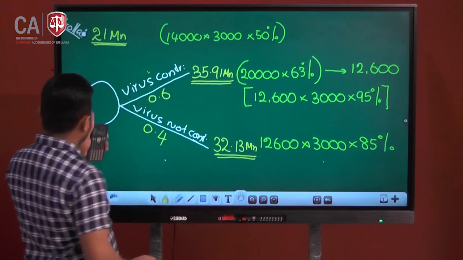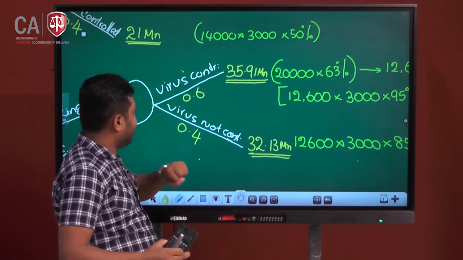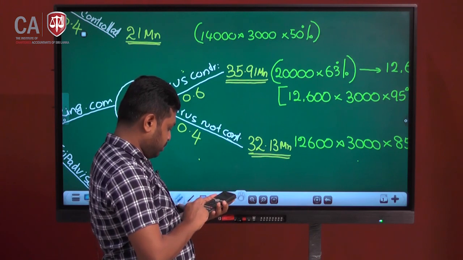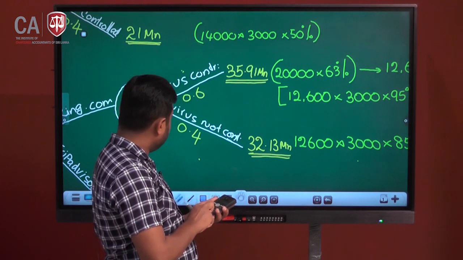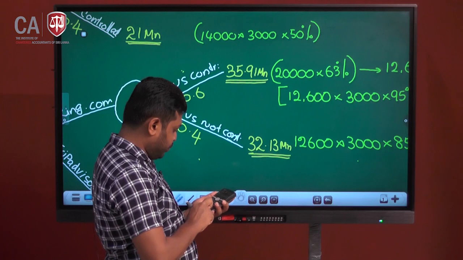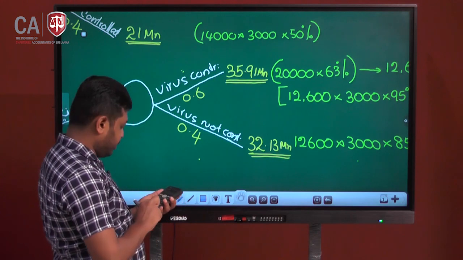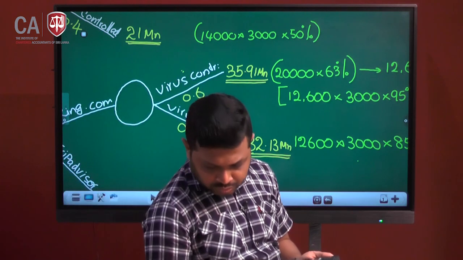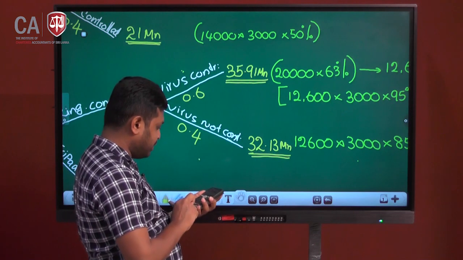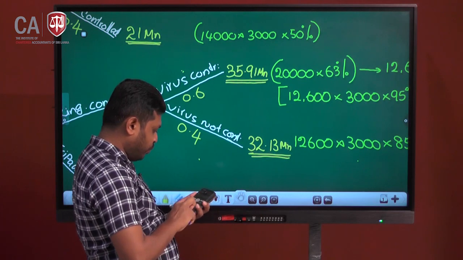Right. Now you have to calculate. If you apply booking.com, what is the expected value? 35.91 million into 0.6, that is 21.546, plus 32.13 into 0.4.